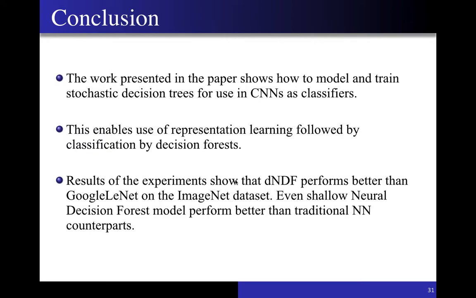This allows us to take advantage of the representation learning enabled by CNNs, and also the better classification of decision forests.